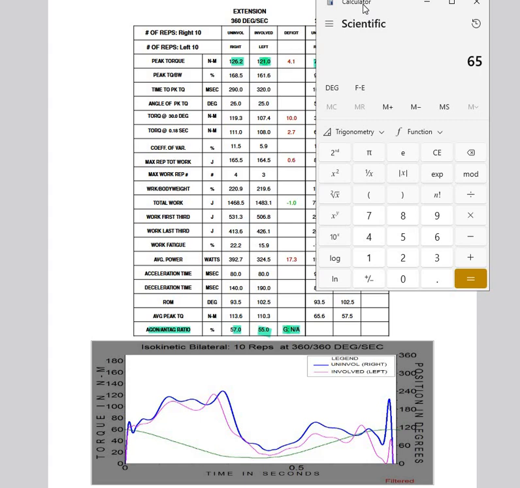I can't recall seeing it, but if we look at the average peak torque on the right limb for the hamstrings, this gives us 65.6, and we divide this by the average peak torque of the quadriceps, giving us 113.6, then we get an almost identical HQ ratio to the peak torque value.